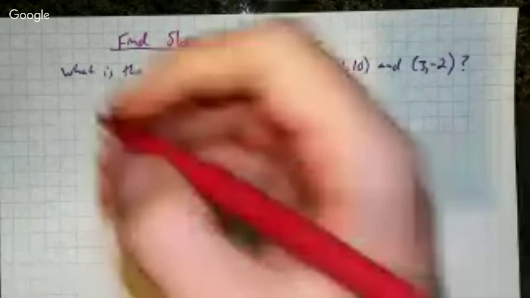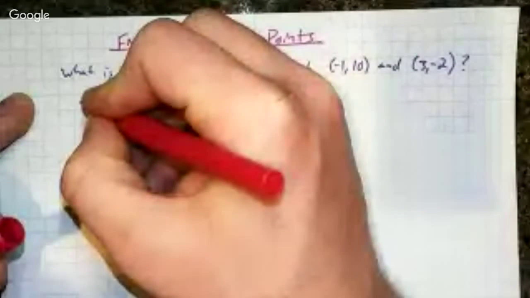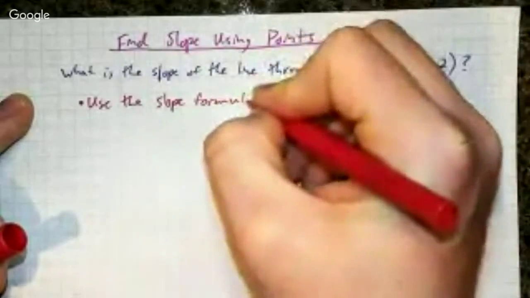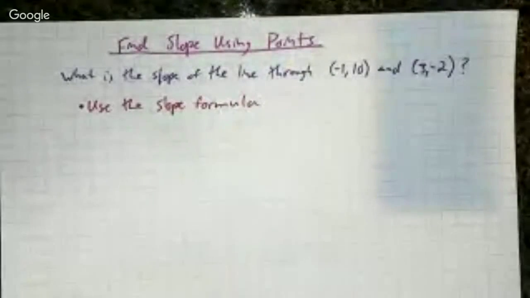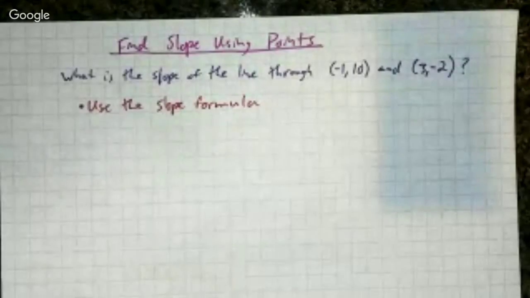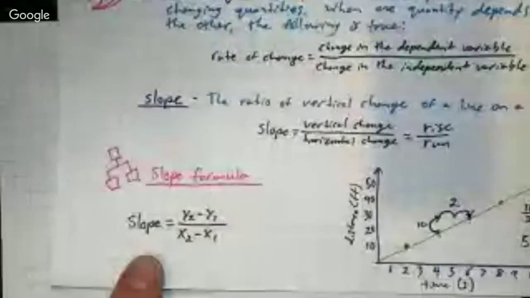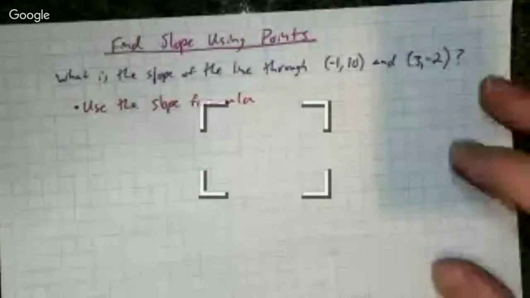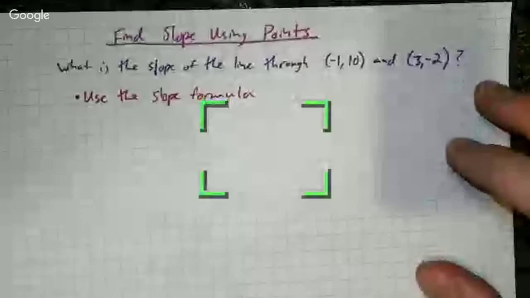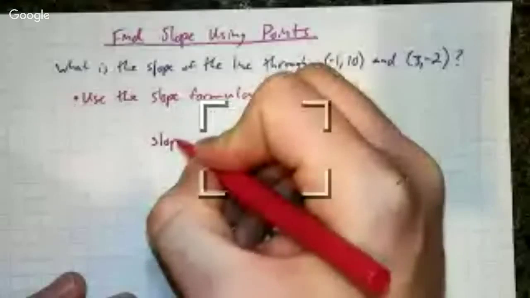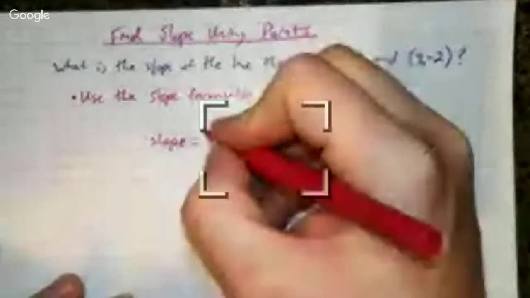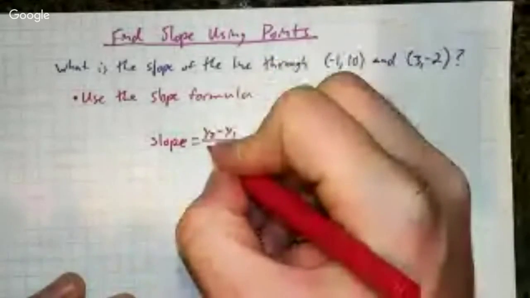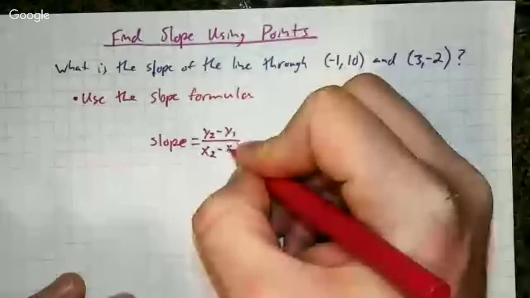Let's simply use the slope formula. You have to look back in your notes to find what that slope formula was. You see it right here. So we're going to go ahead and write that slope formula down, and then we're going to solve. So let's start by saying slope equals y2 minus y1 over x2 minus x1.